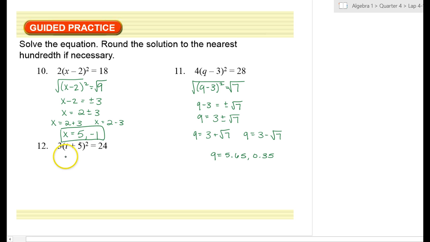Okay, for 12, again, divide by that 3. T plus 5 squared is equal to 8. Square root both sides. T plus 5 is equal to plus or minus the square root of 8. So t is equal to negative 5 plus or minus the square root of 8.